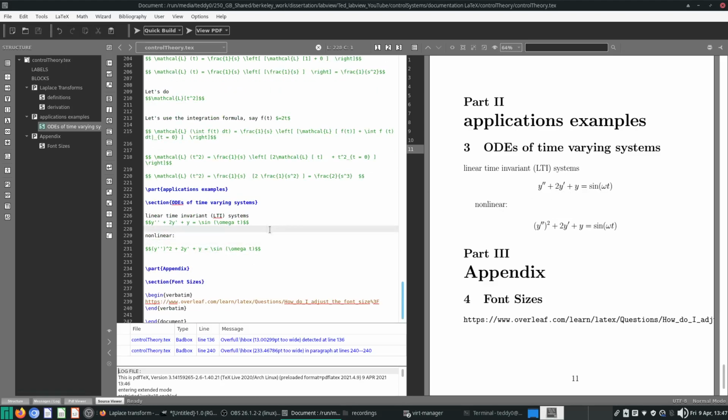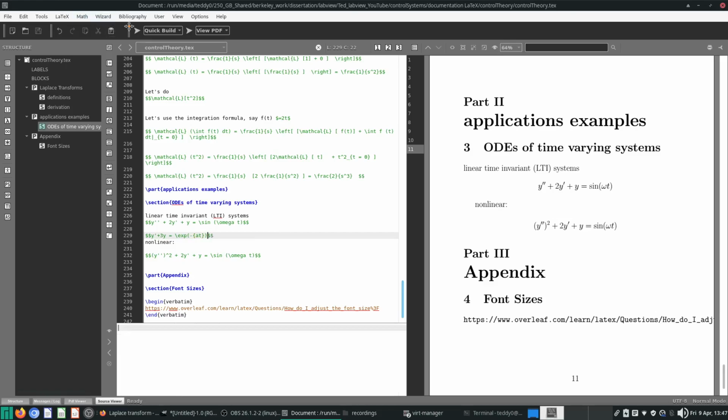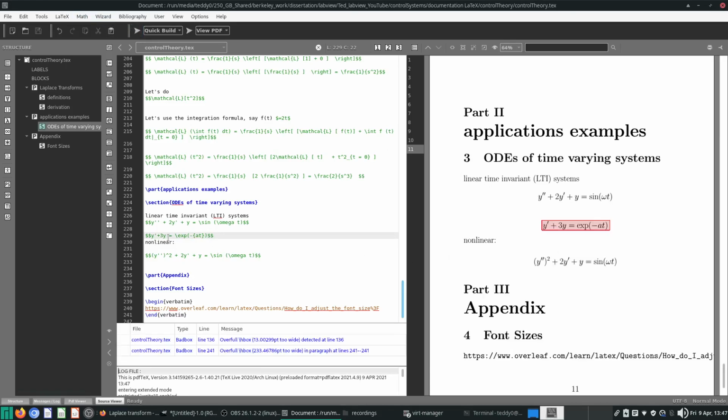And if you want to solve a first order ODE, something like y prime plus 3y equals exponential minus at, or y prime plus 3y equals exponential of 2t plus 4, or even y prime plus 3y equals 4.